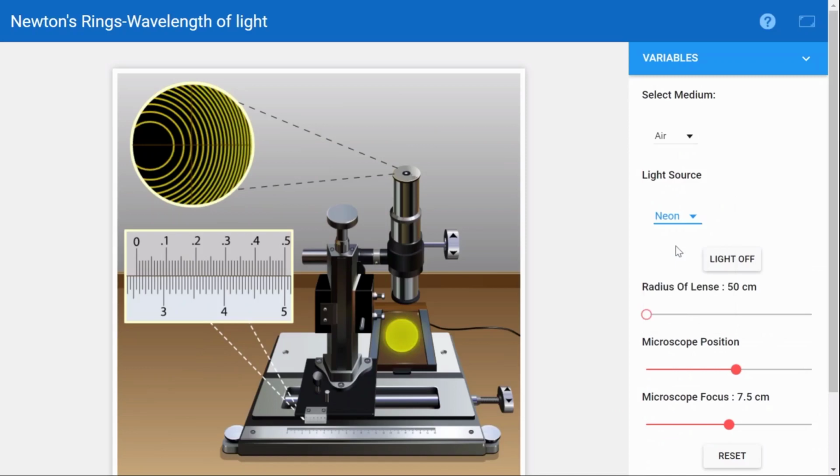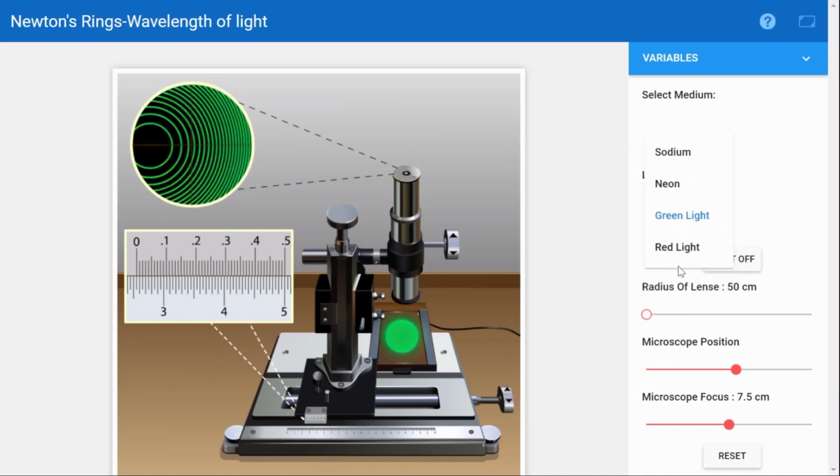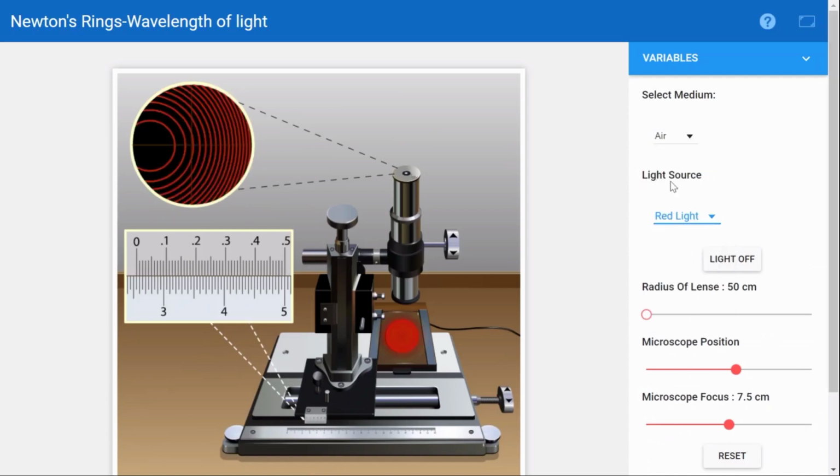Similarly, you can go for neon, green light, and also red light. A similar procedure you have to follow. You have to take the first ring and third ring, and repeat this experiment for all light sources and calculate the lambda for all light sources.